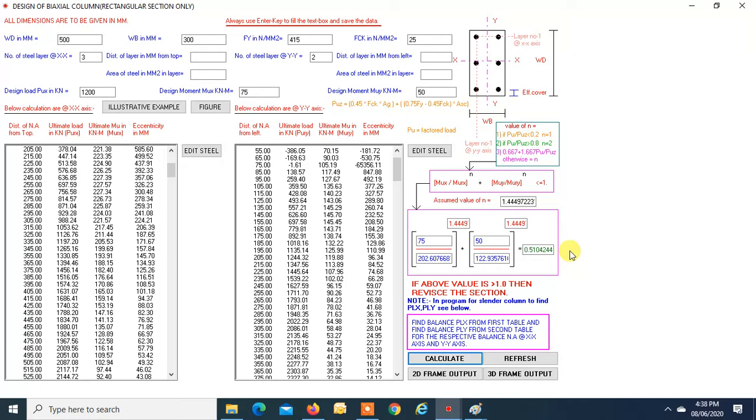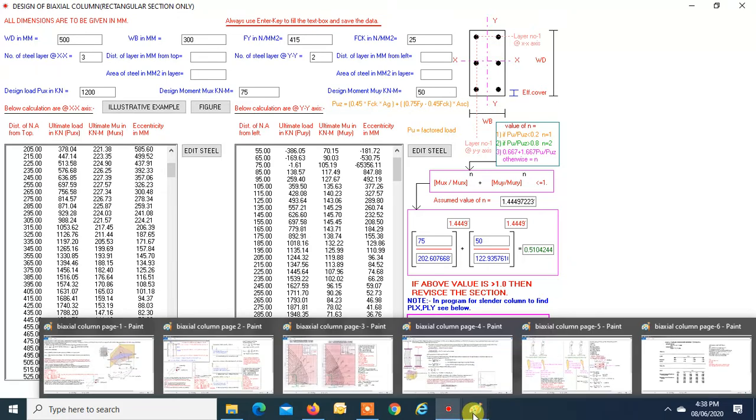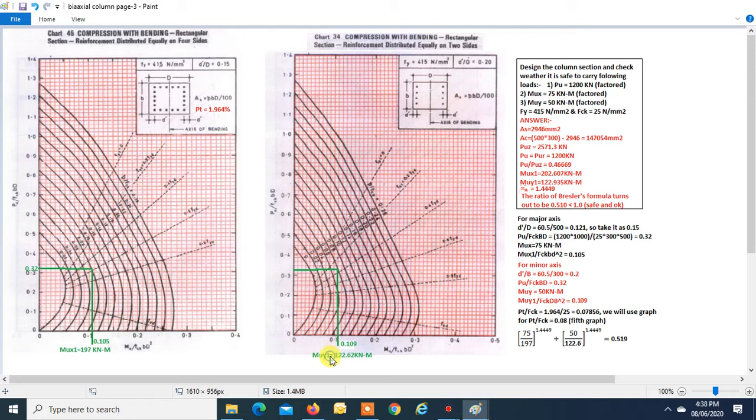Suppose you don't have such tables, then you can use the PM diagrams given in the code. Now about the major axis, we are considering the column to be reinforced, equally distributed on all four sides.